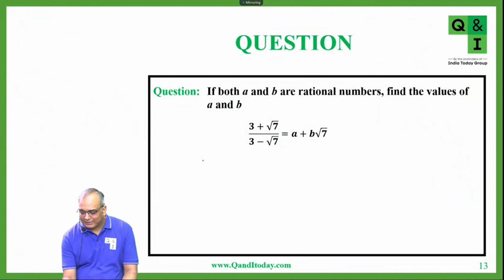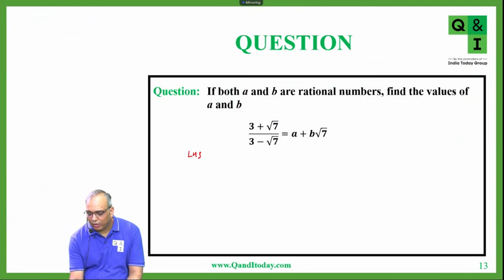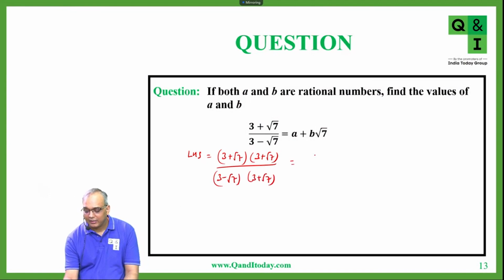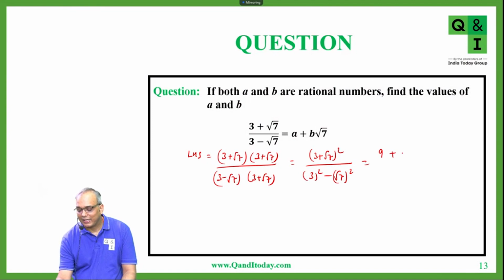If we rationalize the denominator in LHS, we will multiply by the conjugate of the denominator, that is 3 plus root 7, in both numerator and denominator. We will get 3 plus root 7 whole square by 3 square minus root 7 square. So this is 9 plus 7 plus 2 times 3 into root 7, divided by 9 minus 7.